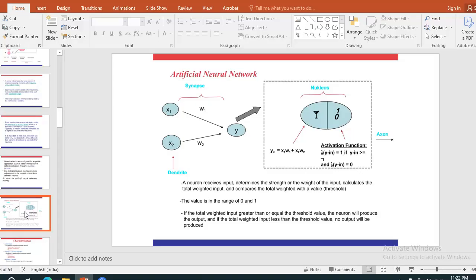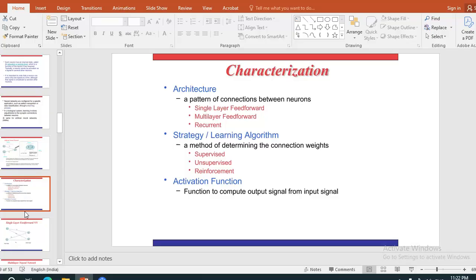For example, to know the complex pattern of the input signal, the activation function is necessary. Then only we can have non-linearity in the output. That means to analyze the complex pattern, linearity is not enough. So we have to go for non-linearity. So this is nothing but activation functions. Different types of activation functions we have already discussed. So these are the characteristics.